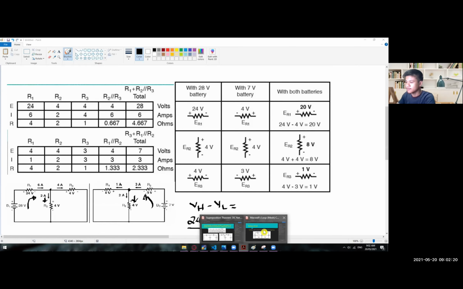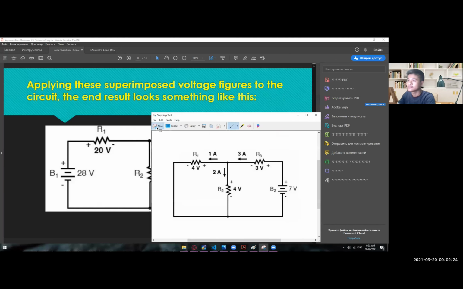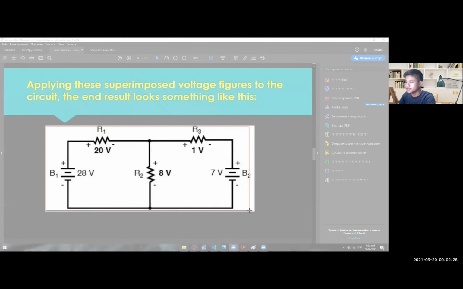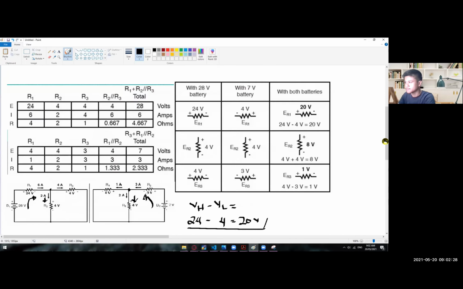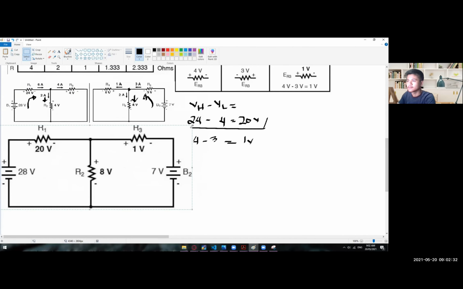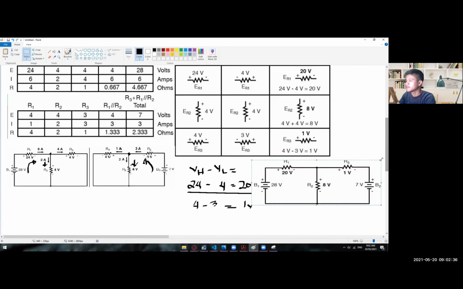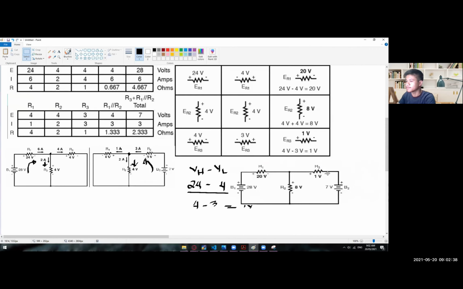If you get the final circuit for the voltages, we have this one. Let me shrink this one and fit it right here.